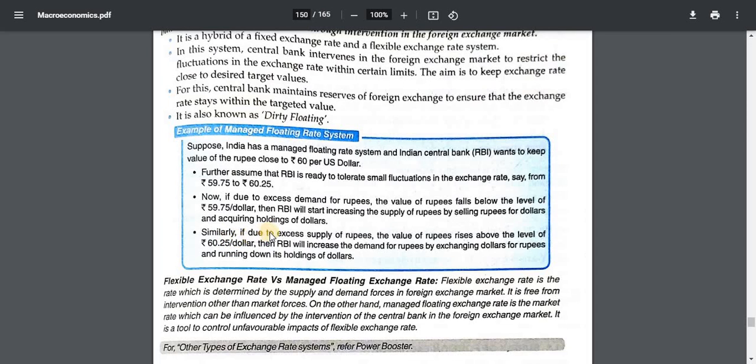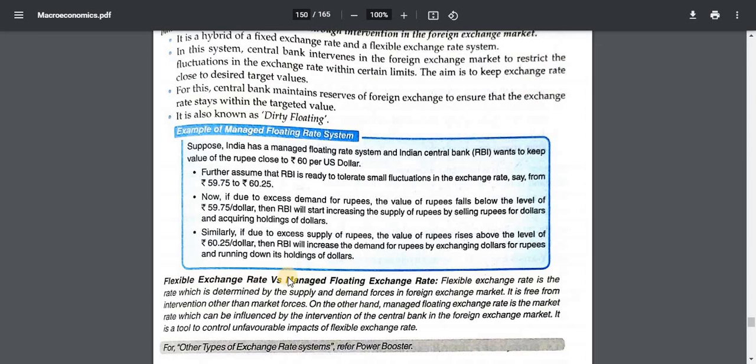Similarly, if due to excess supply of dollars, the value of the rupee rises above ₹60.25 per dollar, then RBI will increase the demand for rupees by exchanging dollars for rupees and running down its holdings of dollars.